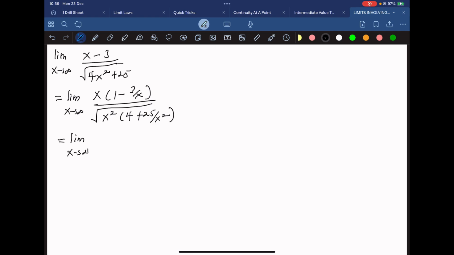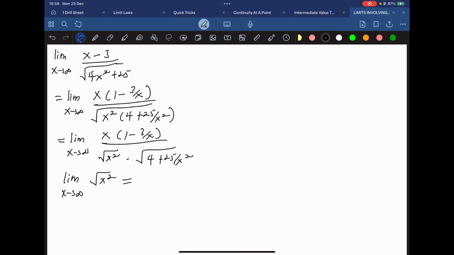So this simplifies to x times 1 minus 3 over x. Then in the denominator, we can break this into 2 by writing this. Now note that the square root of s squared is equal to x.